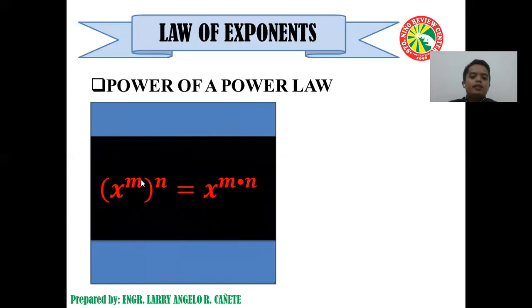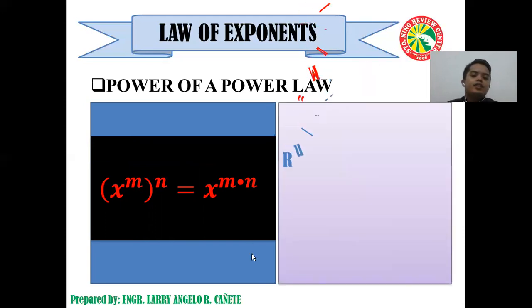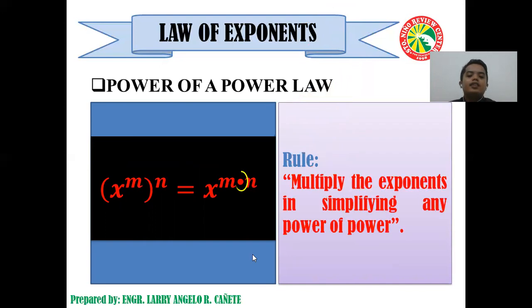Now, for the third law, the power of a power law. This time, the rule says that you multiply the exponents in simplifying any power of a power. So you have an exponent here, raised to another exponent. All you have to do is multiply their exponents.